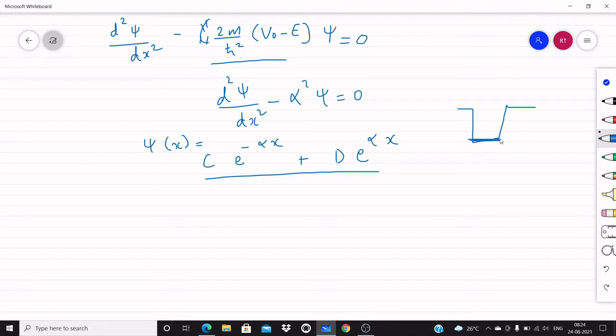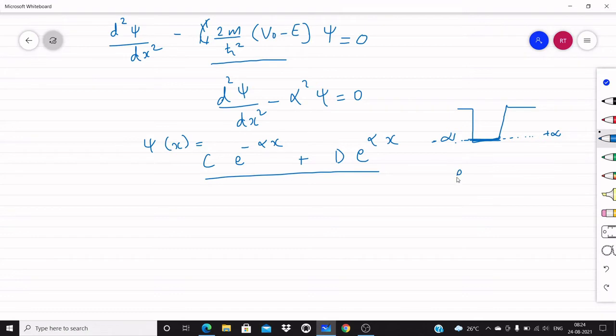In this case, you have to think how the values of these two terms vary. Here you have minus infinity, and here it will be plus infinity as we move forward.